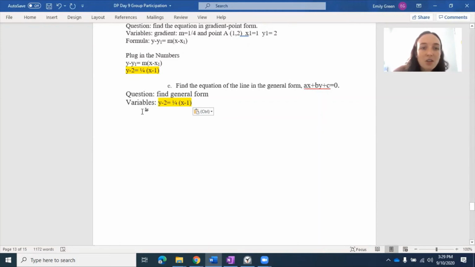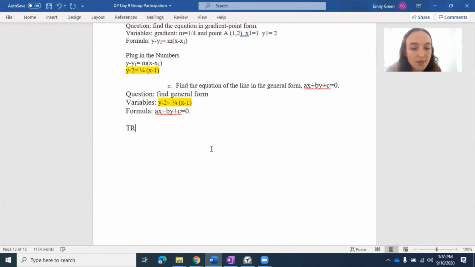It tells us all of these values that we'll be able to use. And the formula that we want to use is that general form formula. So there we go. Now what we're going to do, instead of plugging in, we're actually going to transform the equation into general form.